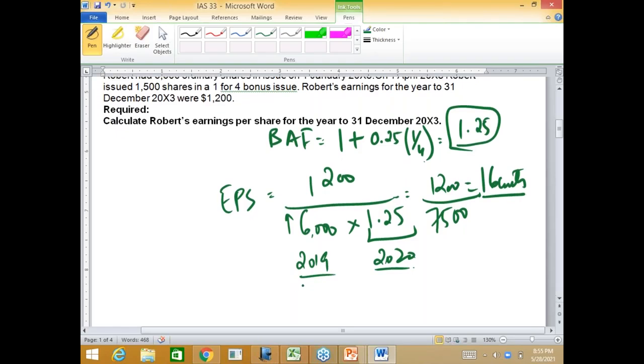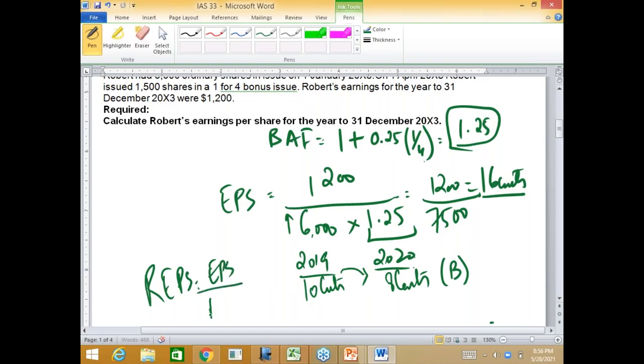So if the 2019 EPS is 10 cents and in 2020 it is 8 cents, you cannot say that 2020's performance is poor on the basis of the fact that you have issued bonus shares in the current year. That's the reason the 2019 and 2020 data are not comparable. So what IFRS says is that you need to restate the previous year's EPS. Restated EPS can be calculated as the previous EPS divided by the bonus adjustment factor.